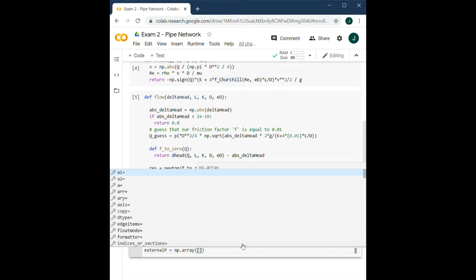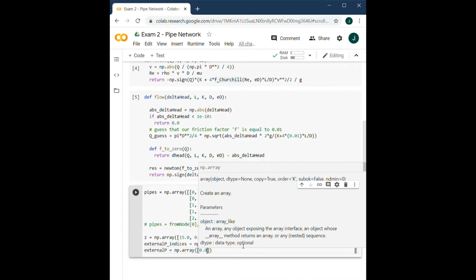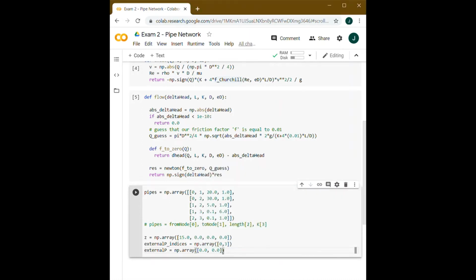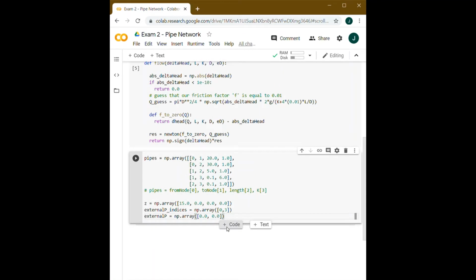And we're again going to reference our given information. The pressure at node 0 is 0, and our pressure at node 3, which is the environment, is also 0. So we create this array of zeros, and that'll serve as our given information.